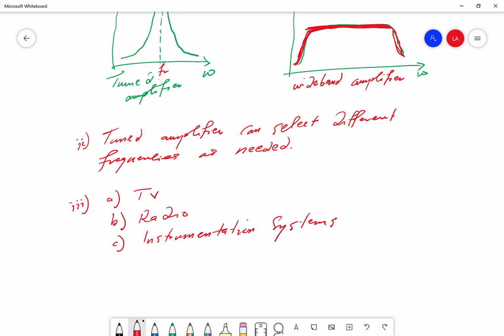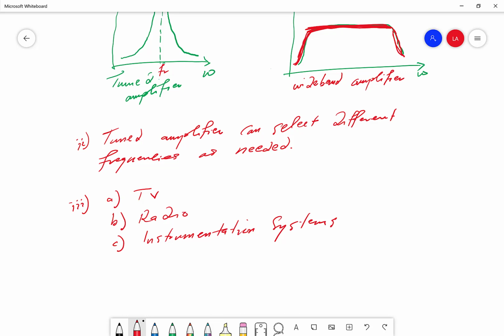In an instance where you have several signals going through a system, and those signals need to be differentiated, tuned amplifiers can be used to isolate these signals because they are of different frequencies.